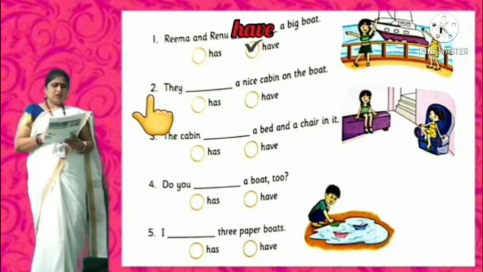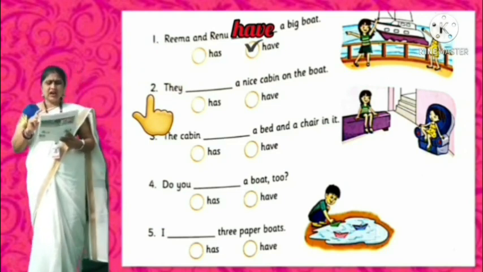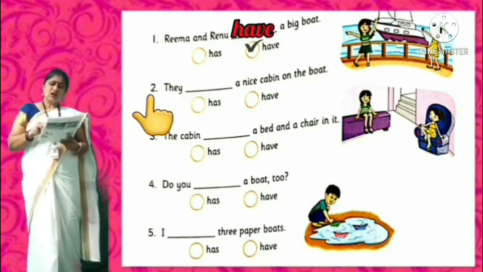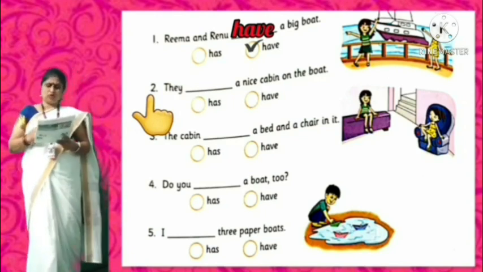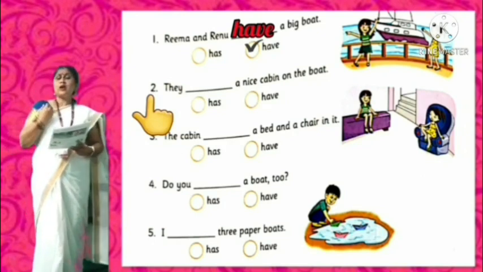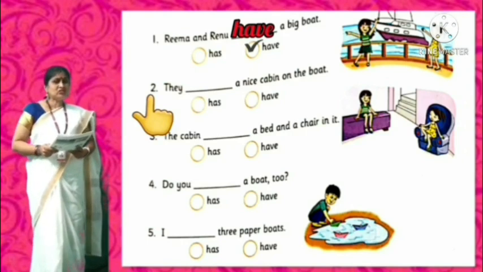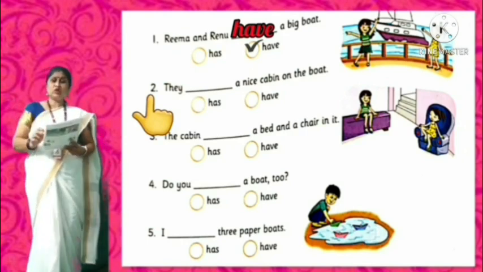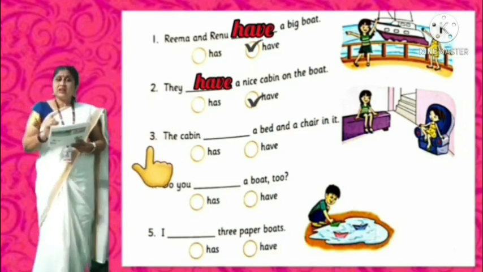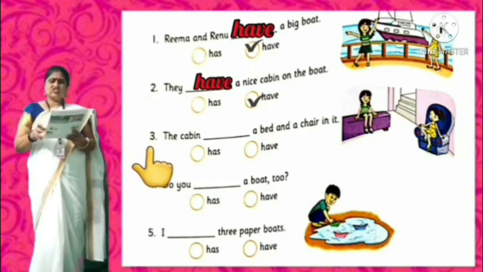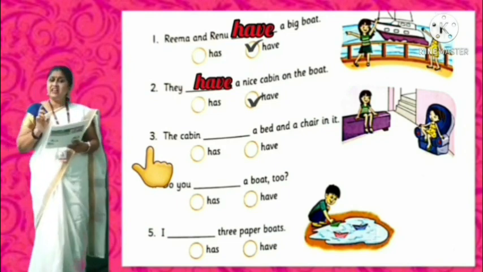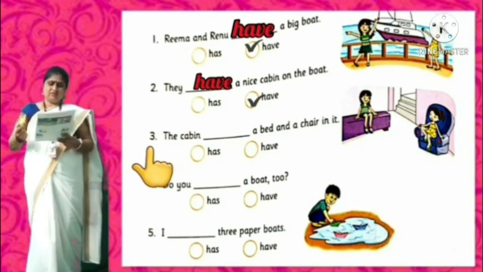Number 2. They dash a nice cabin on the boat. They. Already a plural pronoun is given. So what do we have to select, children? Has or have? Which one will you choose? Have. The cabin dash a bed and a chair in it. Cabin, it, name of a thing, isn't it?